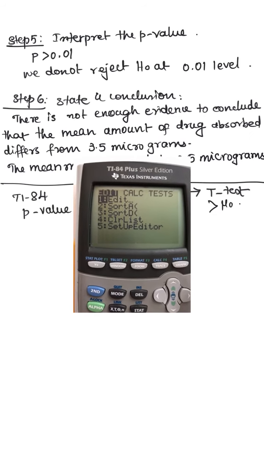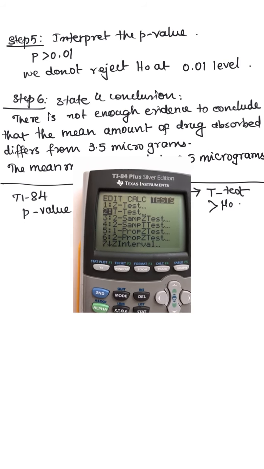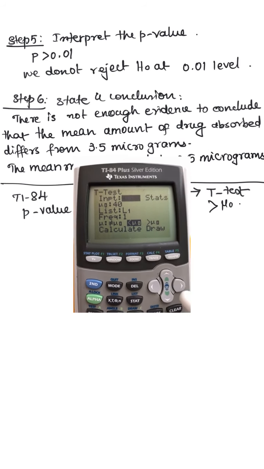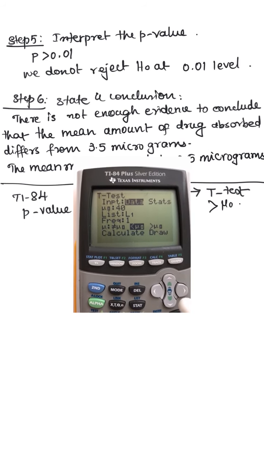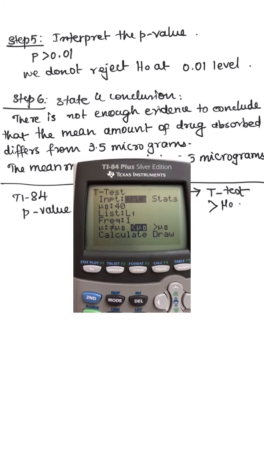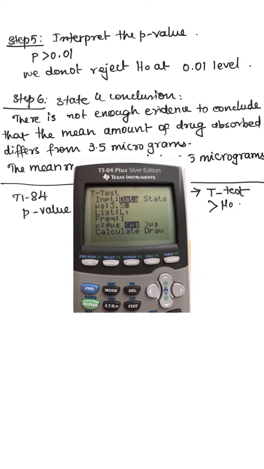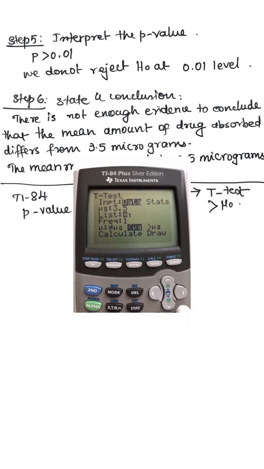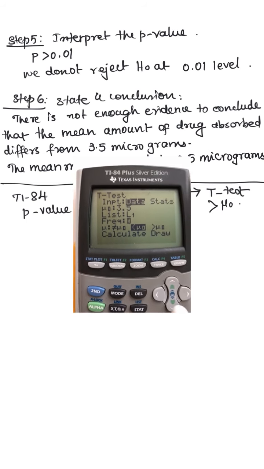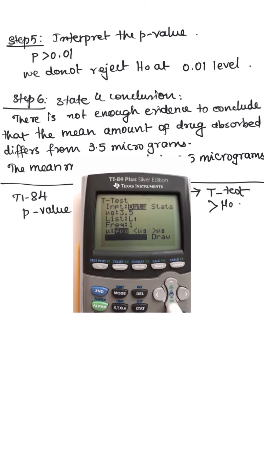Press stat, test, use the arrow key, select t-test, press enter. Input, I'm choosing data because we already have data in L1, so press enter. Mu0 is 3.5 and list I'm choosing L1, and we need to check whether it differs, so not equal mu0, so highlight that, press enter, then calculate.